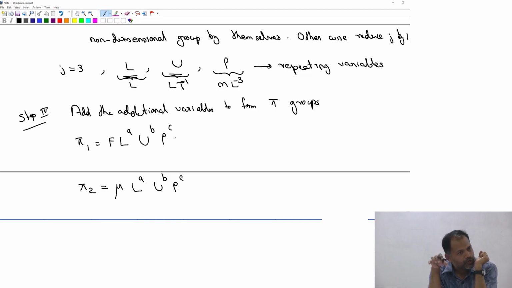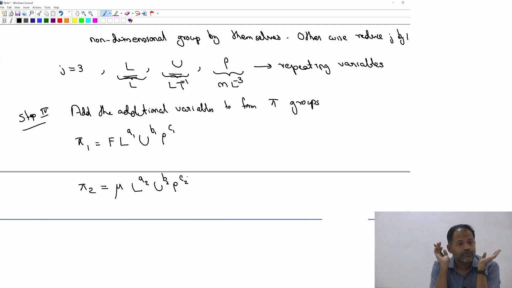In the second pi group also, I have put all the 3 variables: L, U, rho. In the first one, I have added my force. In the second one, I have added viscosity. So now you can see that I have covered all the 5 variables. Let's call this A1, B1 and C1, and let's call this A2, B2 and C2.